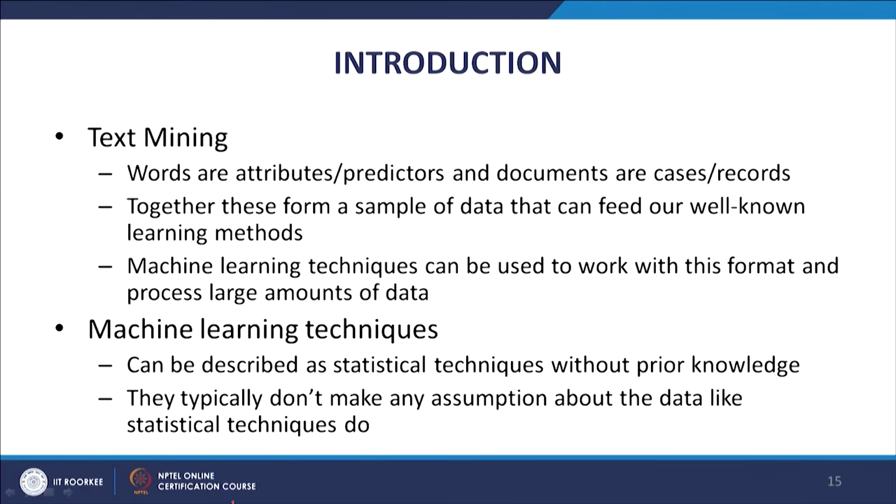Now let us discuss few points about machine learning techniques in general. So how we can describe machine learning techniques? They can be described as statistical techniques without prior knowledge. So in statistical techniques, we are always going to make certain assumptions about data, variables, and how they are going to be related, and based on that, based on certain rules, we do our modeling.